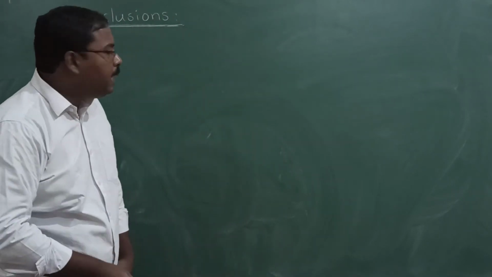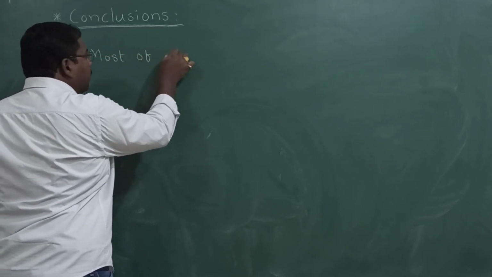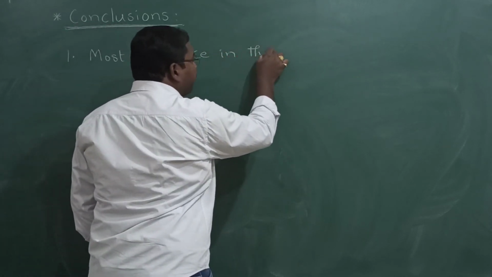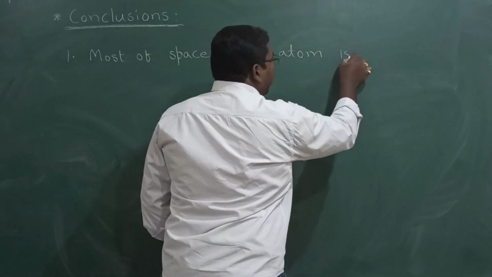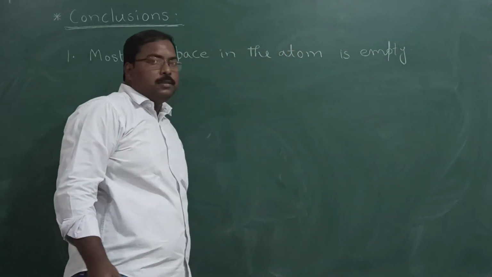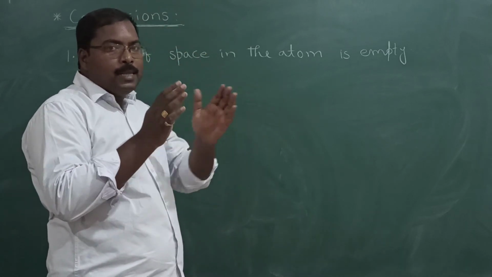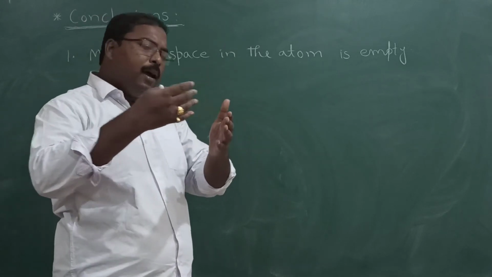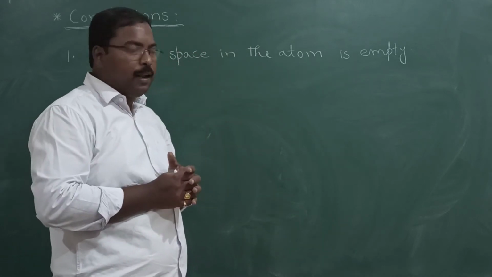So from that he concluded that most of the space in the atom is empty. Okay. So inside the atom, most of the space is empty. That is why all the rays were simply passed without any deviations. Okay.